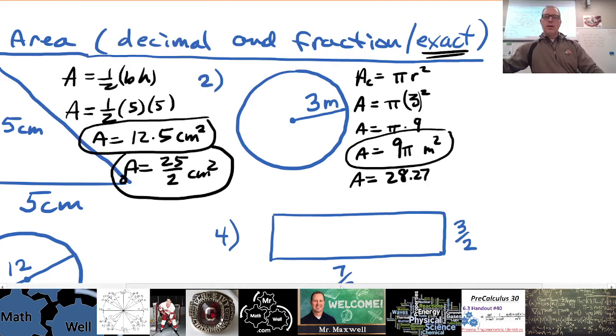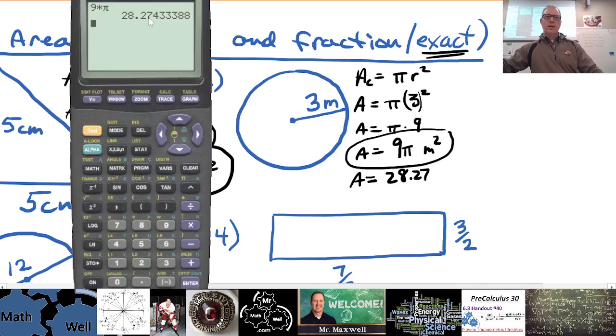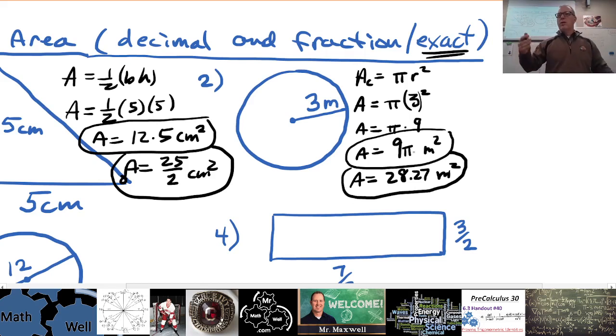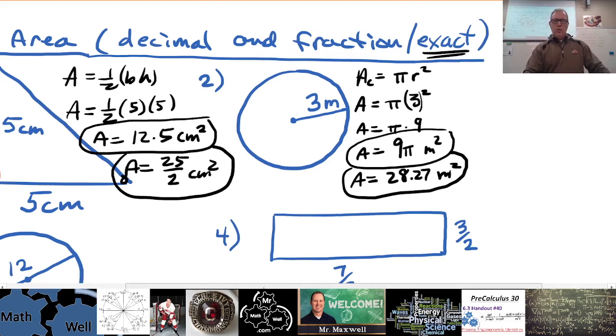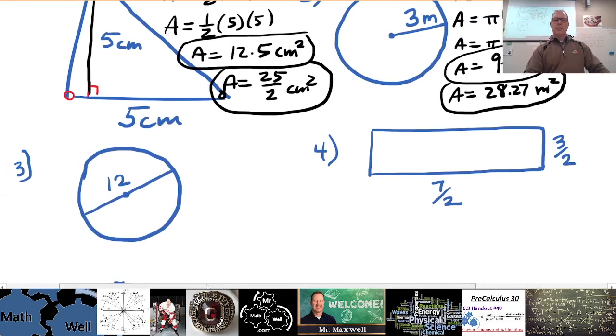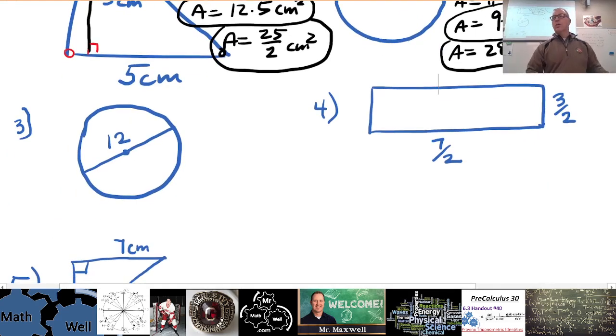Now, did I round that correctly to the second decimal place? I look at the 7. The one next to it to the right is a 4. That's under 5, so I would definitely leave that as a 7. Put meters squared, and that's your decimal answer. And 9 pi meters squared would be your exact answer. So for the most part, decimal numbers are going to be fine for you guys here at this level, but if I ask for exact answers, you know what I'll be talking about.